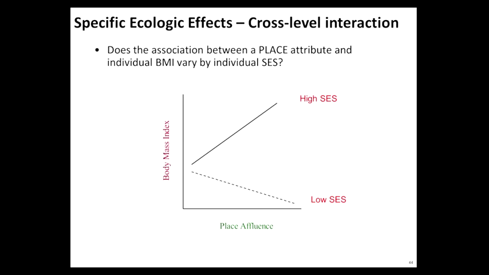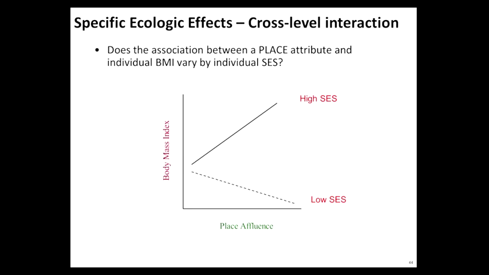And finally, you can think about a cross-level interaction where there is a differential effect. The effect of place affluence depends on the individual SES, or vice versa. The effect of individual SES depends on the contextual affluence of a particular place. So in this instance, we just show a very opposite relationship where if you're a high SES individual living in a very affluent place, you're more likely to have a higher BMI, while for the low SES, it reduces their BMI if they tend to live in a very rich place.